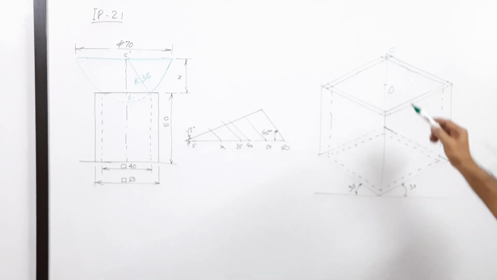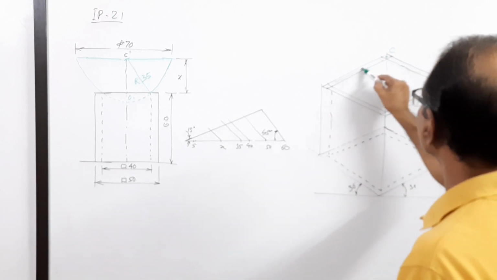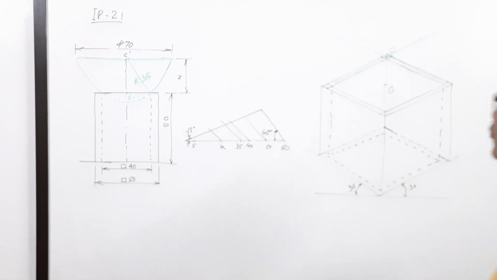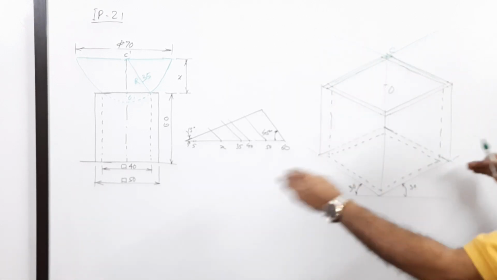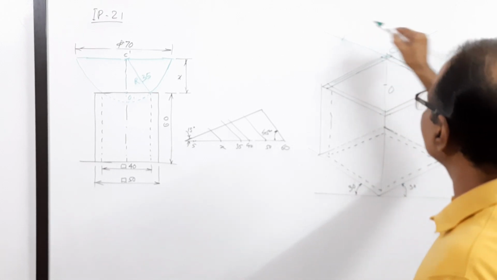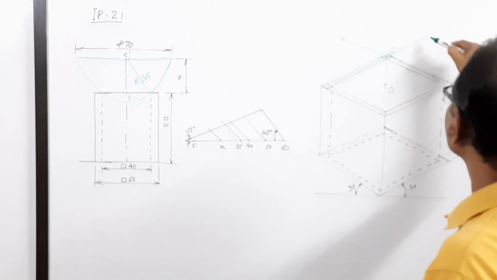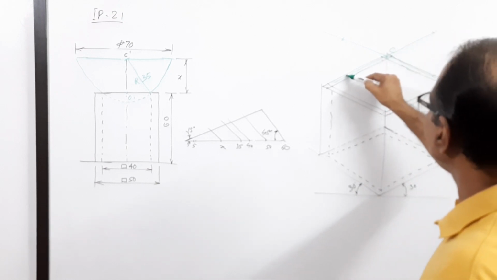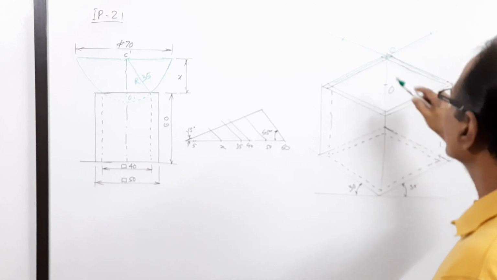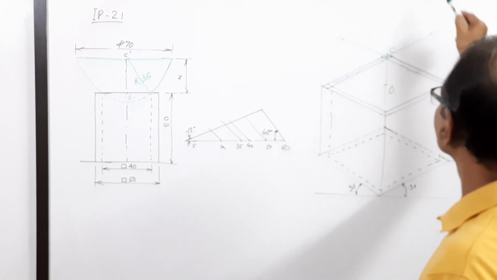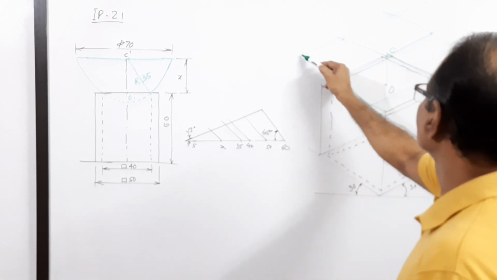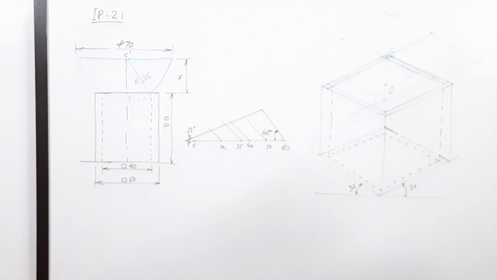Through C, draw two isolines. Lines parallel to the isoaxis are called isolines. On this line, measure ISO 35 to this side, ISO 35 to this side, ISO 35 to this side, ISO 35 to this side. Draw parallel lines. What do you get?